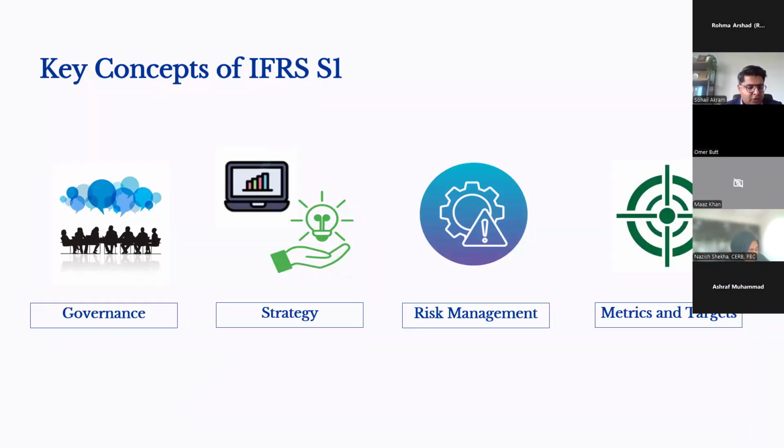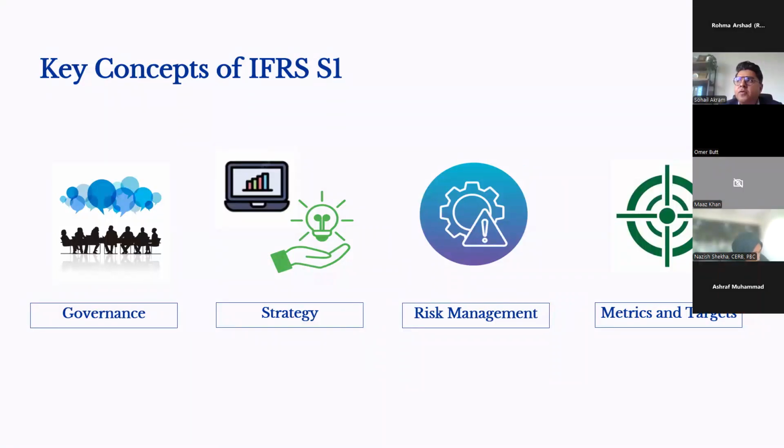Now moving towards the core concepts of IFRS S1. IFRS S1 has again borrowed the core content from the TCFD framework. Those who are familiar with the TCFD framework would identify that it contains four pillars, four elements: governance, strategy, risk management, metrics and targets.